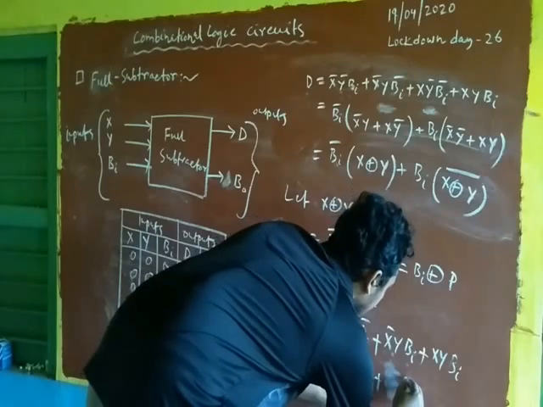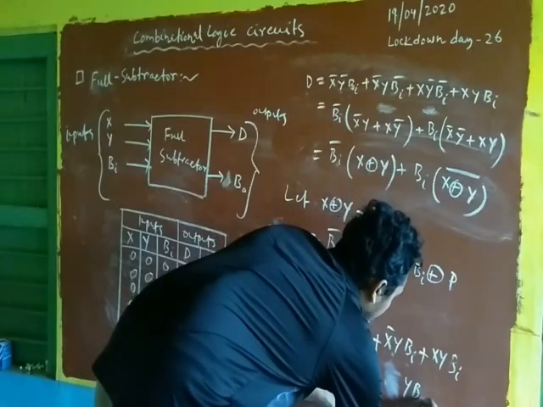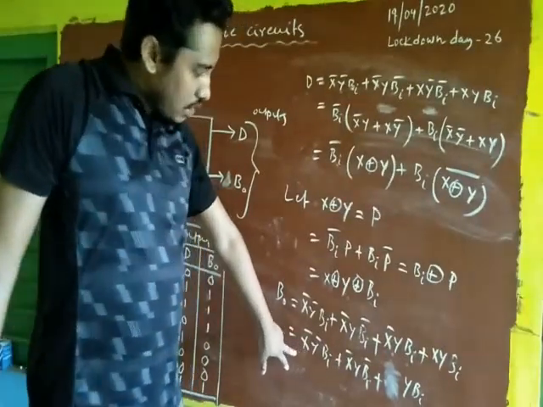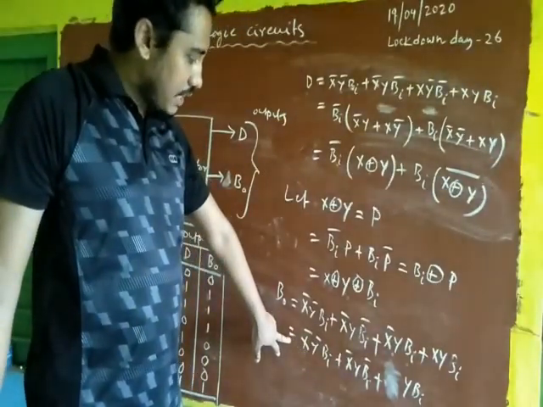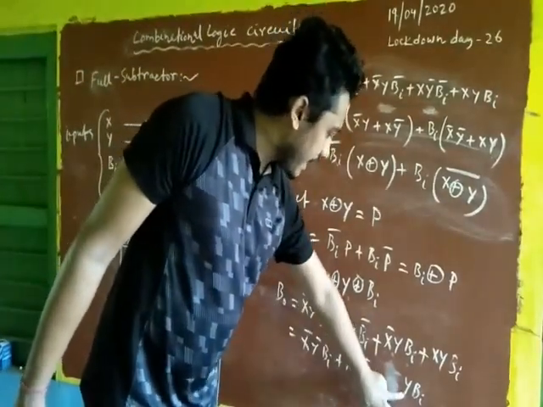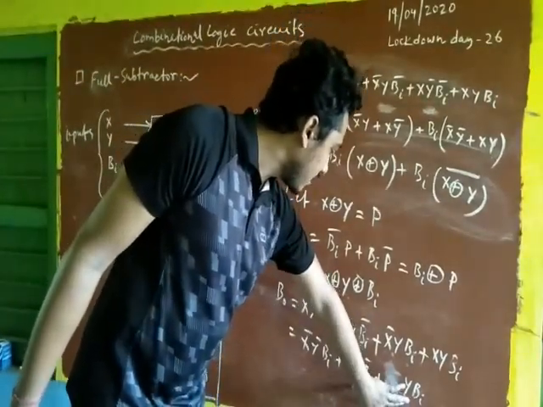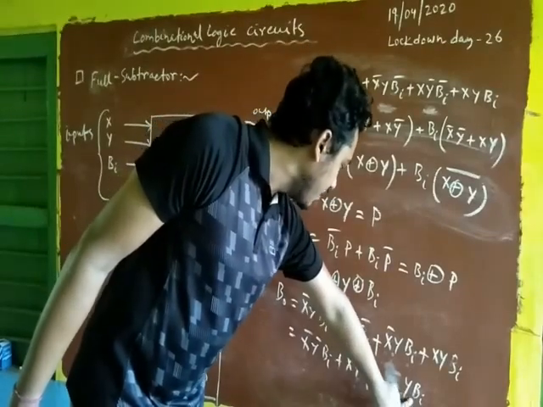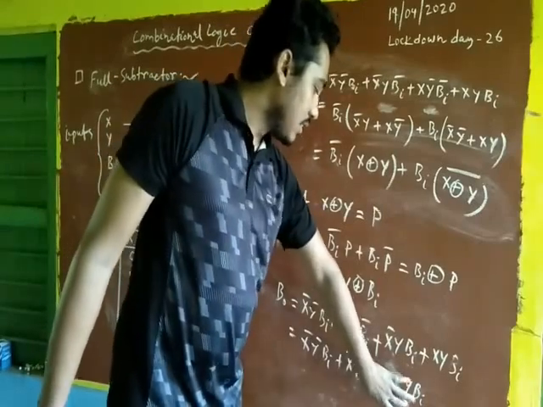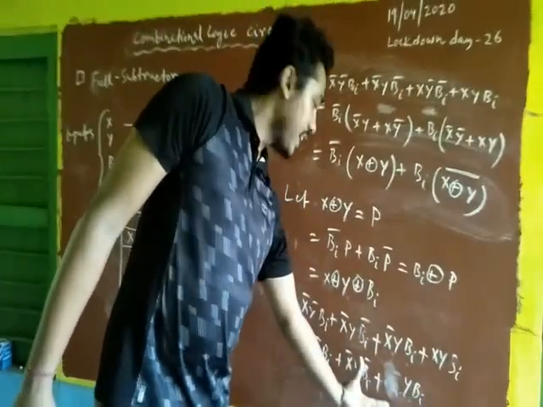So it is y bi. Okay, so this expression we will get. Now from these last two terms, if we take common y here, what we will get? bi plus bi bar x bar. So we can apply the absorption law here if we take common bi here.